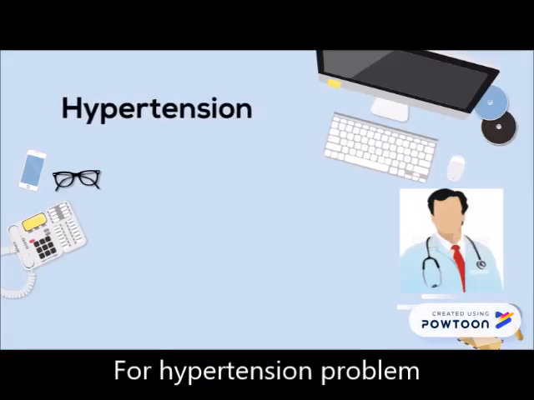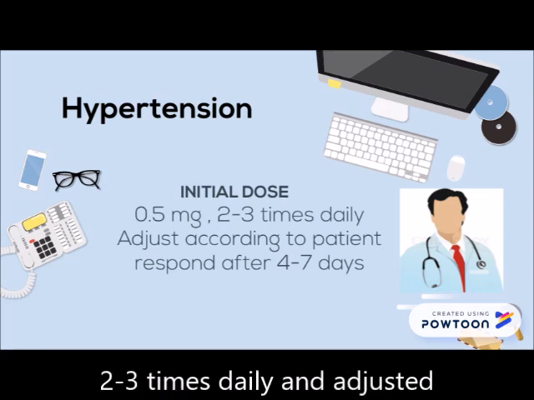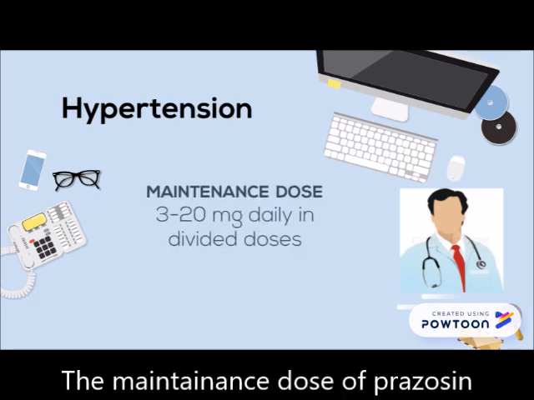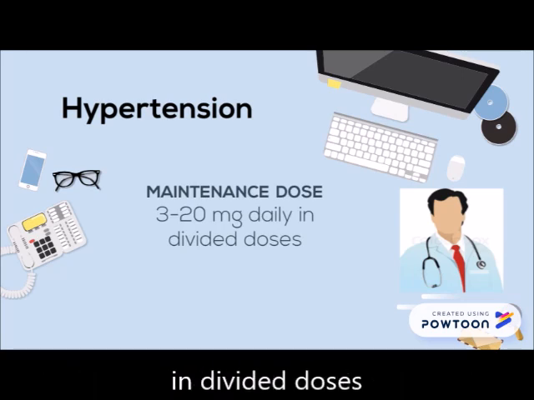For hypertension problem, the initial dose is 0.5 mg 2 to 3 times daily and adjusted according to the patient response after 4 to 7 days. The maintenance dose of prazosin in hypertension patient is 3 to 20 mg daily in divided doses.